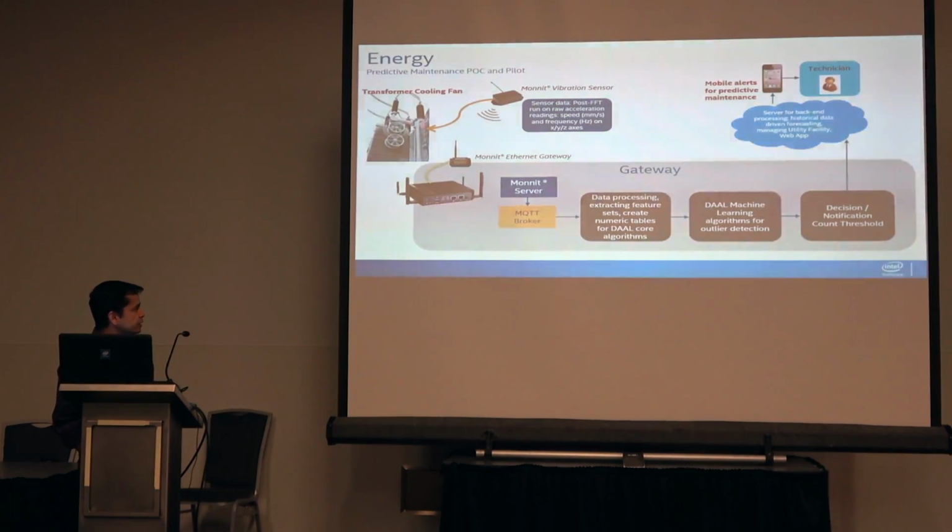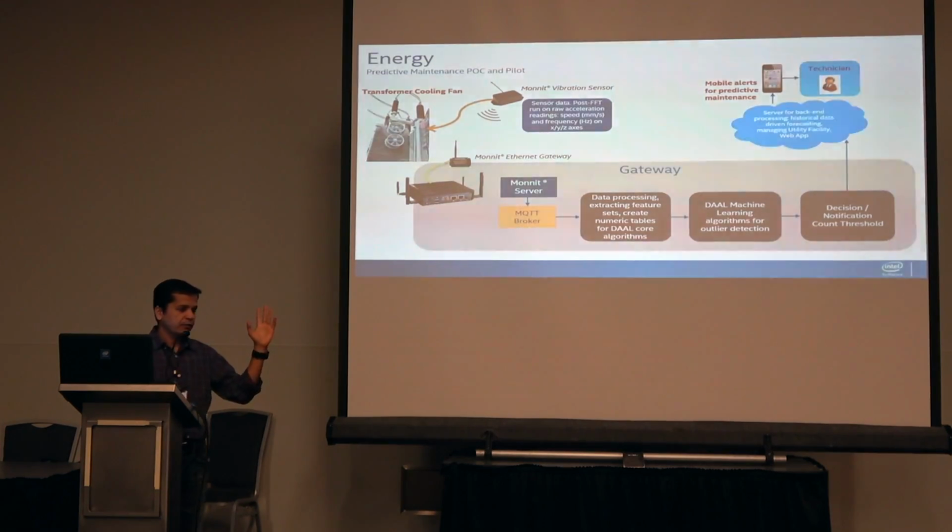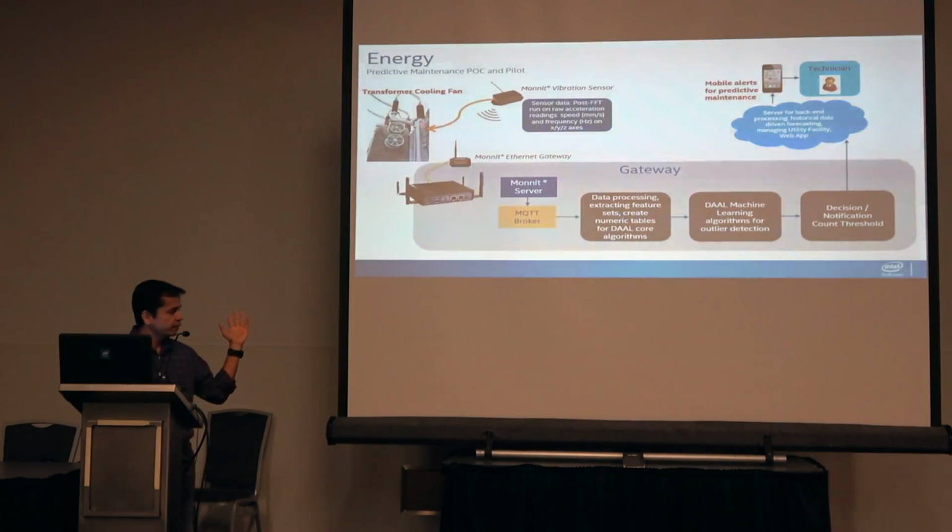It's an Atom-based, dual-core gateway. From the MQTT broker, our framework subscribes to the broker, and the data flows through the pipeline, goes through the analytics, and then the decision making and notification takes care of the rest of the stuff. So this is one use case.